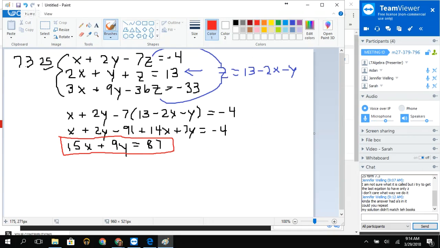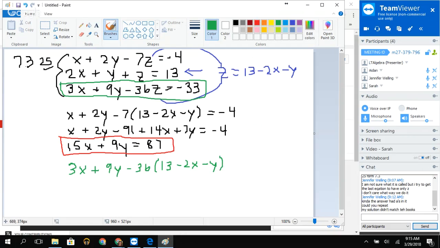Okay. And then the second equation that I'm going to work on is my third equation. Okay, so I'm going to take this down, and I have 3x plus 9y minus 36 times z. And z is going to be 13 minus 2x minus y equals negative 33.